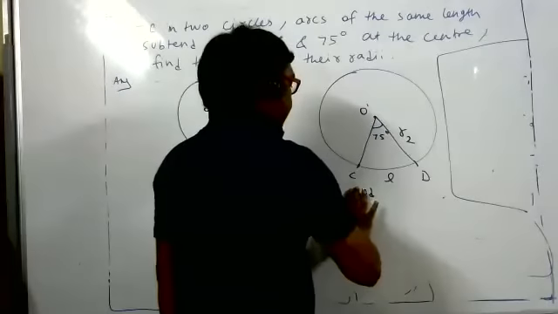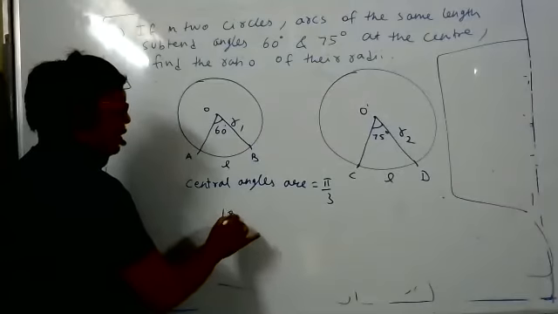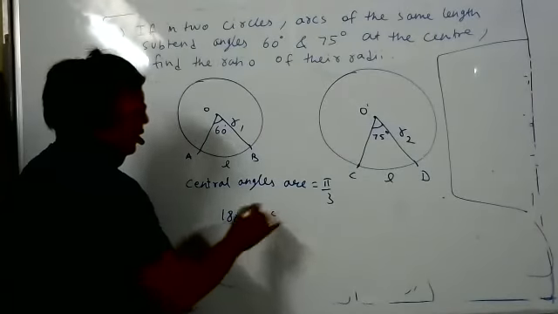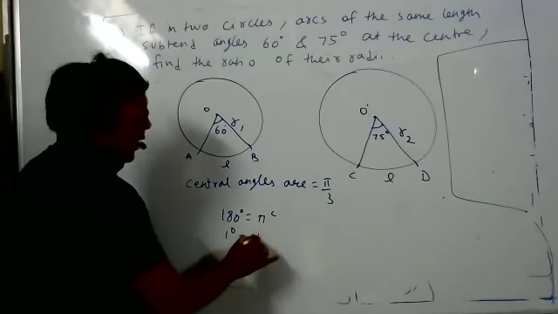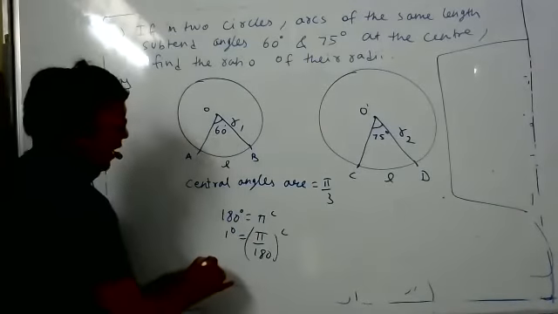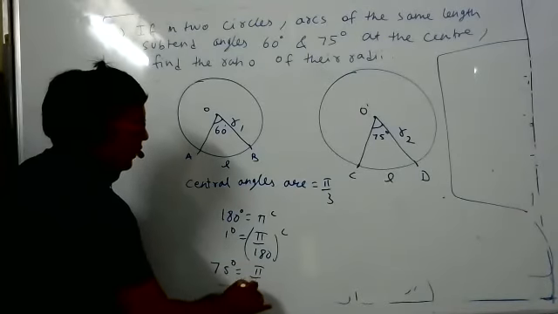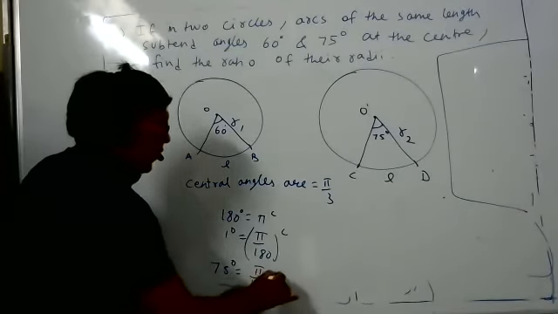So see here, you can write 180 degrees is equal to pi radians, so 1 degree is equal to pi by 180 radians. But I'm interested in 75 degrees. So pi by 180 into 75, cancel with 5.